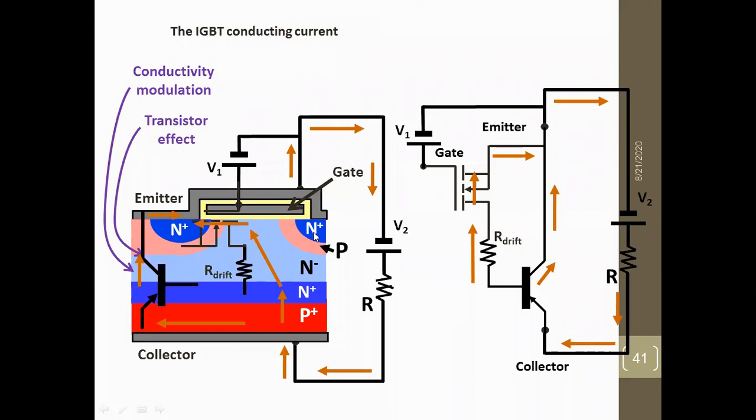This behavior is called an NPN transistor, and it acts in the forward biased condition. Then, with the gate made positive, the switch should turn on.